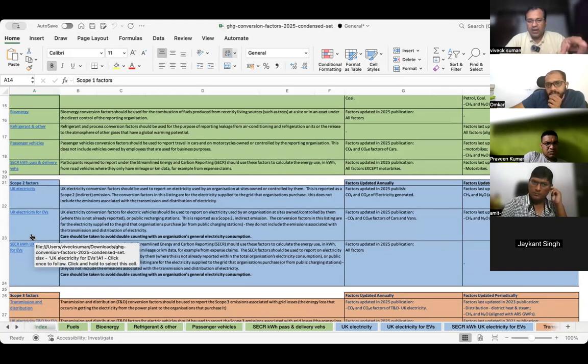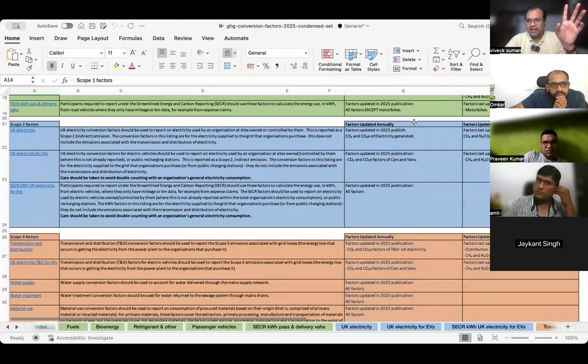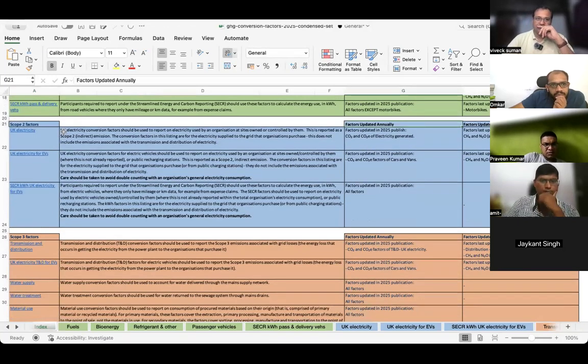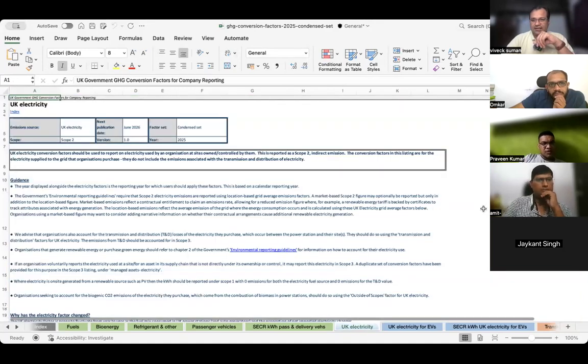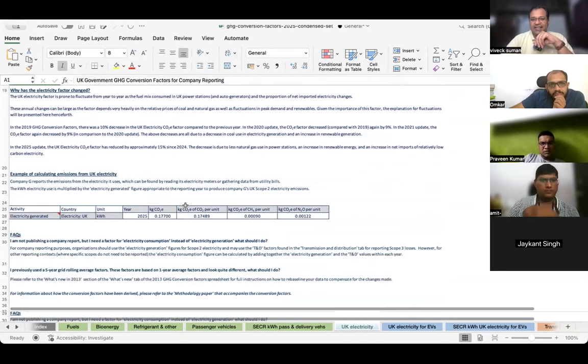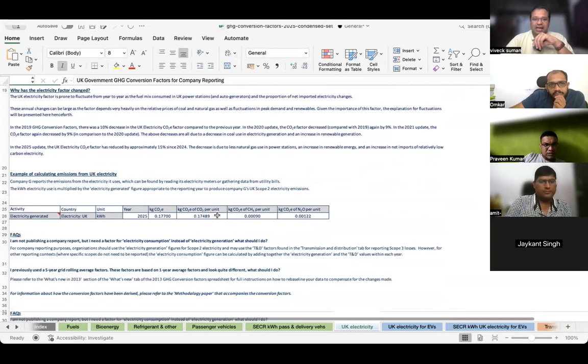Whatever combination they are talking about, it is UK electricity. Here, if you look, you will find the numbers which people are talking about.